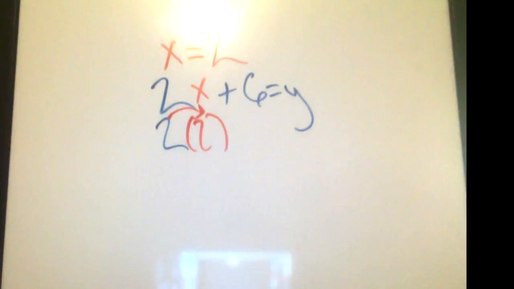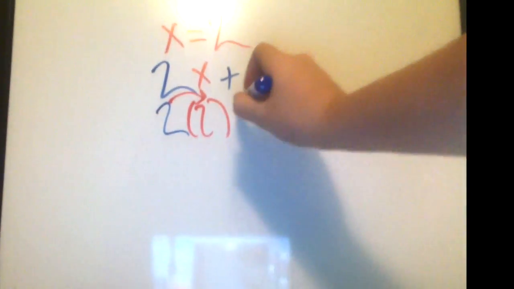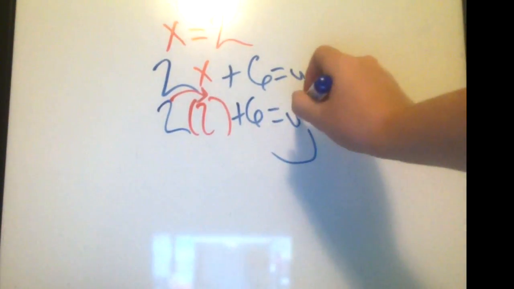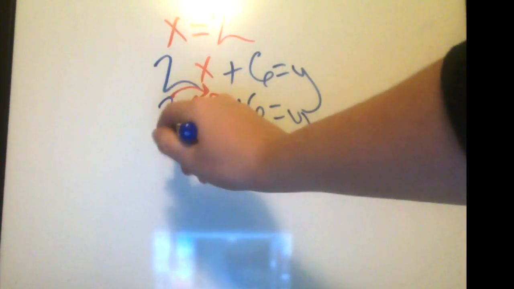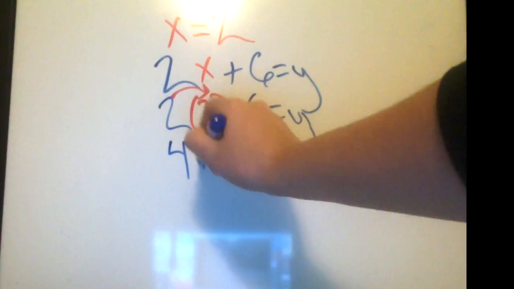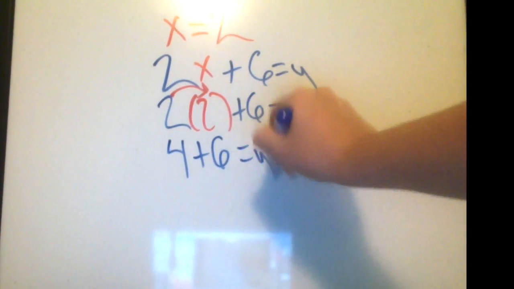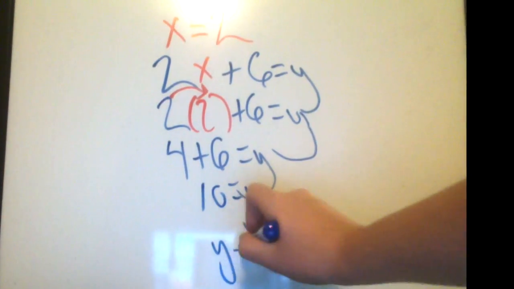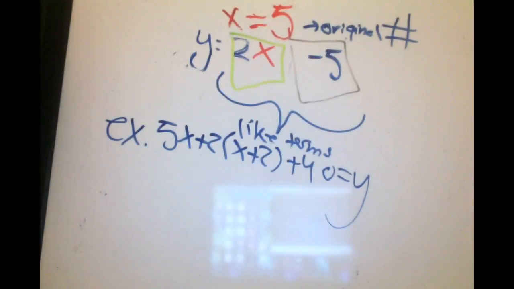You then get 2, open brackets, 2, close brackets, plus 6 equals y. Then calculate. 2 times 2 equals 4. Then rewrite the equation as 4 plus 6 equals y. Then proceed to do the math. 4 plus 6 equals 10, 10 equals y.